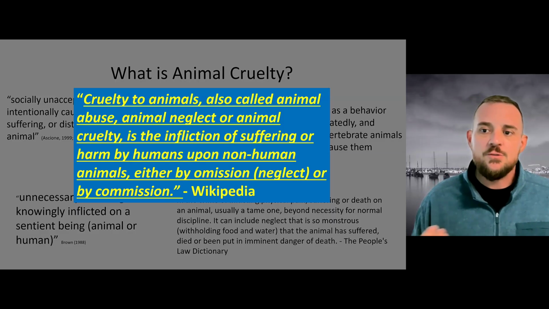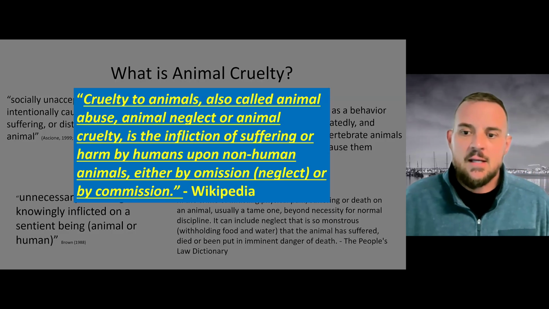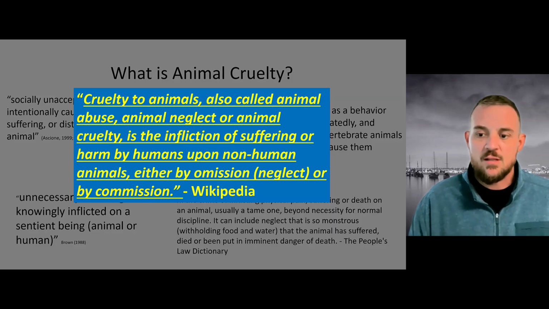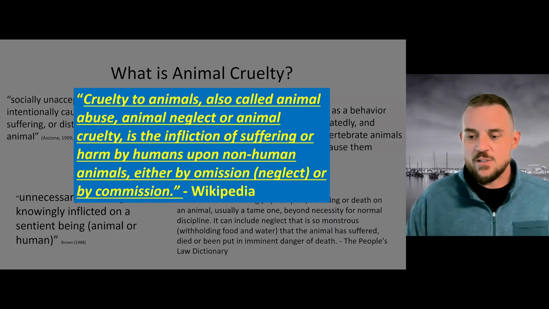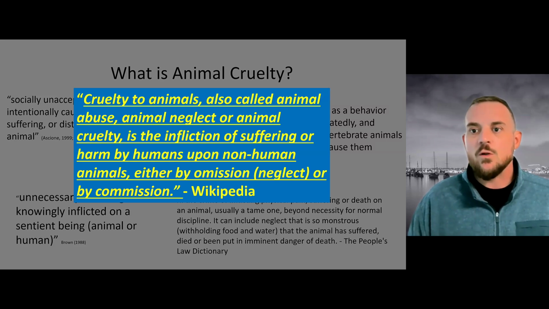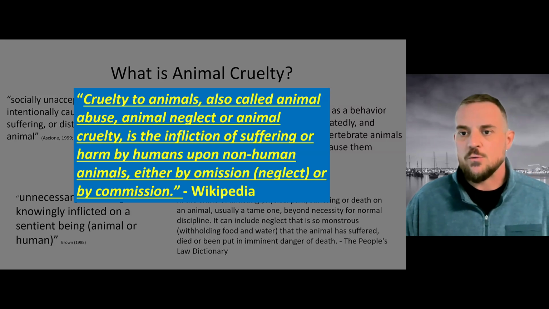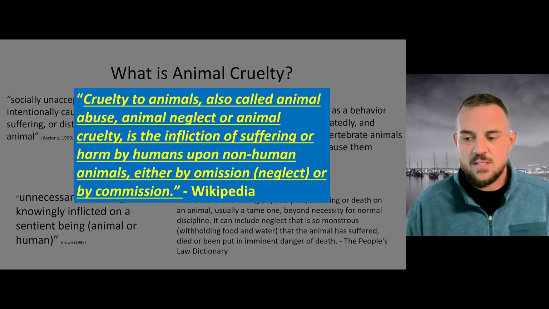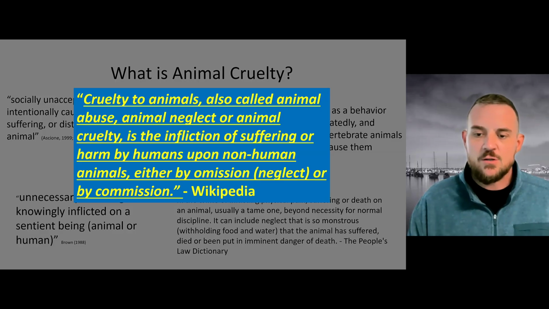What they say is cruelty to animals, also known as animal abuse, animal neglect, or animal cruelty, is the infliction or suffering of harm by humans upon non-human animals, either by omission or commission. And I think that omission or commission best encapsulates what we're looking at when we're trying to figure out what is animal cruelty and what is neglect. Either you did something that caused harm and suffering, or you didn't do something and it caused harm and suffering. So either by omission or commission.